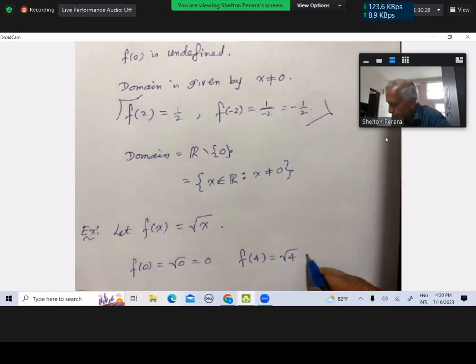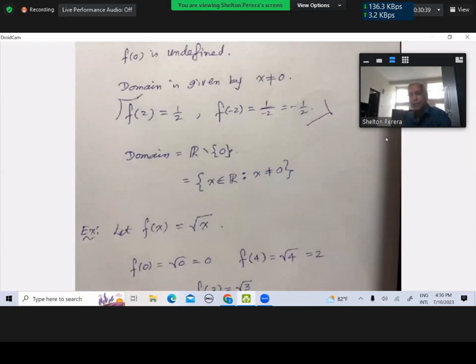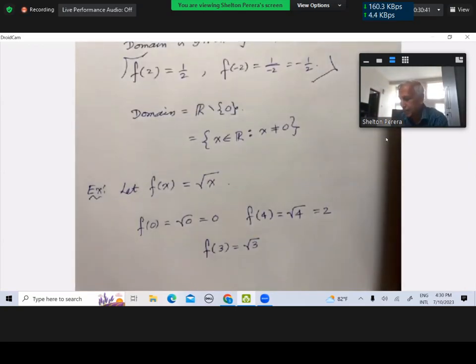We told you it's equal to 2. Suppose input 3. Answer is square root of 3. It's 1.7 something, but square root 3 is square root 3.